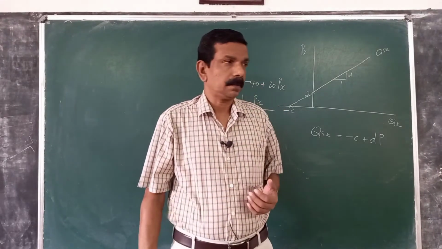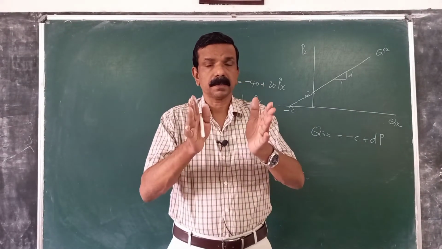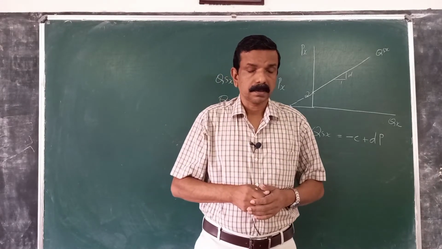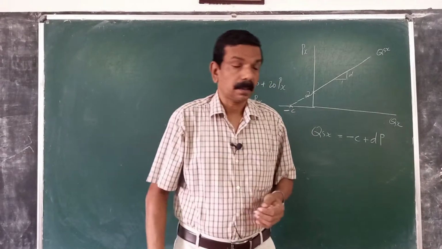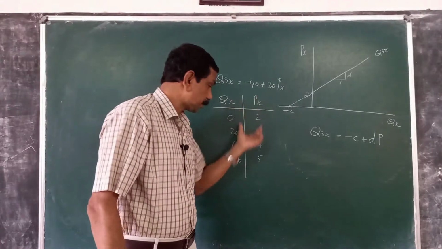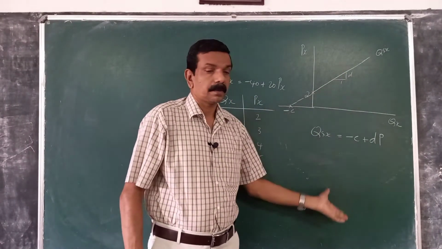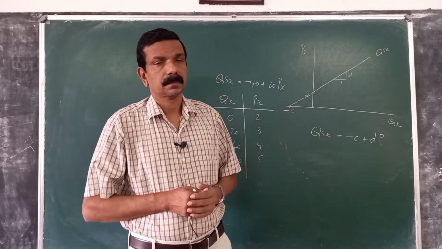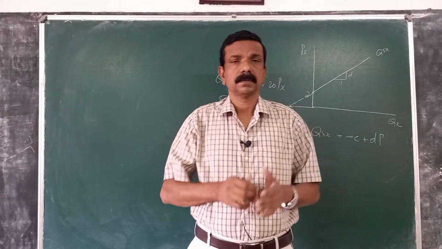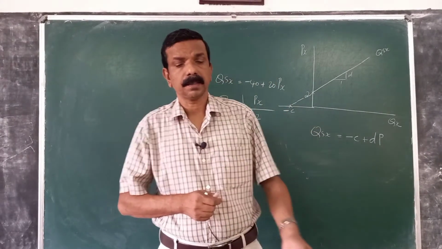So if a specific supply function is given, we can derive an individual producer's supply schedule and the corresponding supply curve, as in the case of the demand schedule and demand curve.